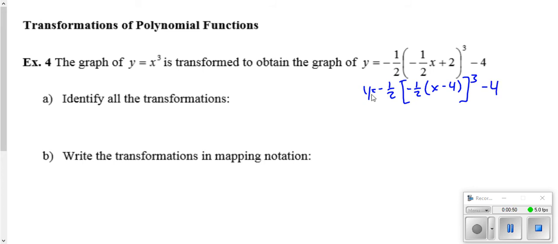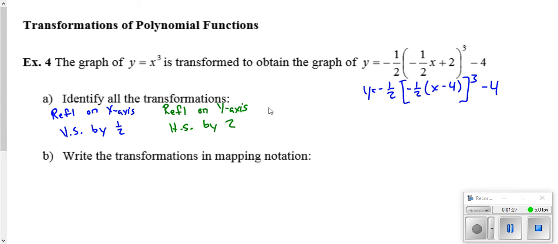Now we match up. Let's write down all our transformations starting left to right. On the very far left there, I notice a reflection on the x-axis. There's a vertical stretch with it by a factor of 1/2. Inside that first bracket we have another reflection, this time on the y-axis, and we have a horizontal stretch this time by a factor of 2.